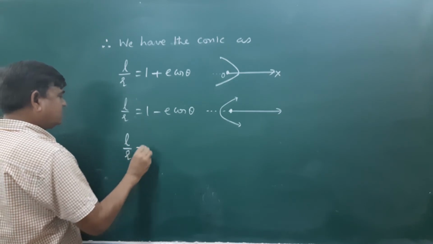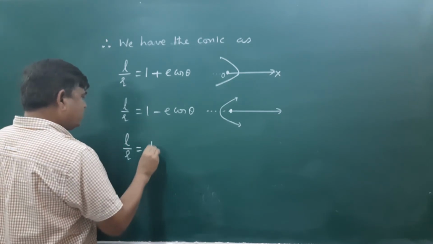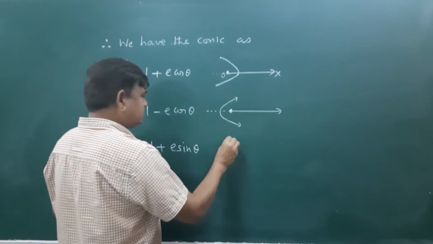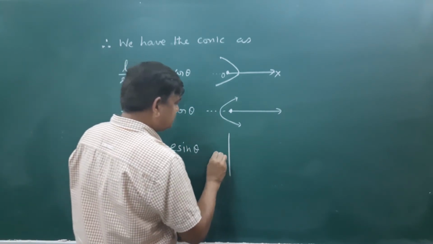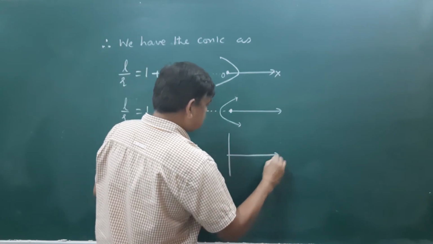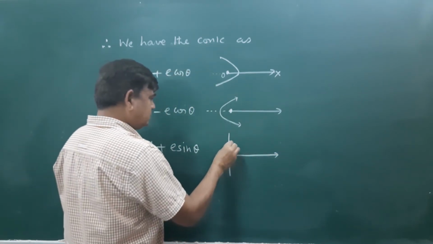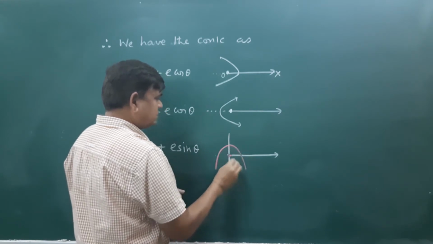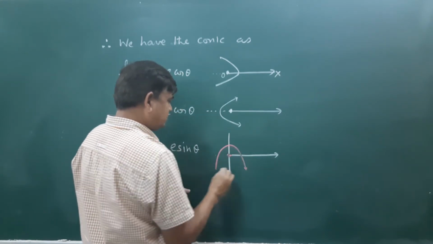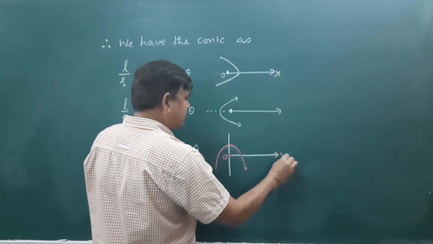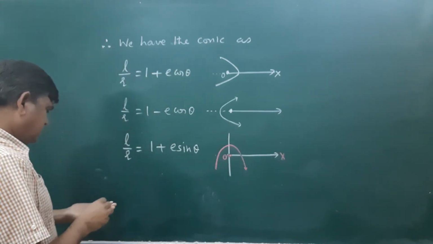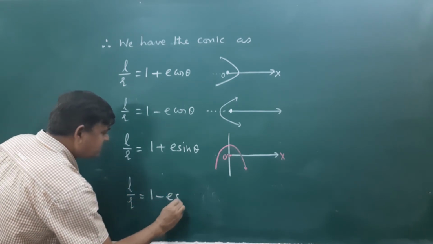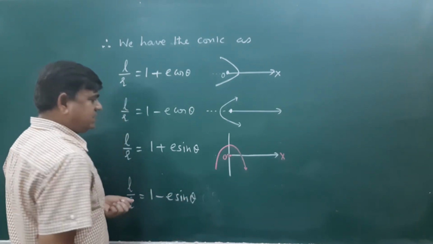L upon R equals to 1 plus E sin theta, then this is 4 and here, and the last one, L upon R equals to 1 minus E sin theta.